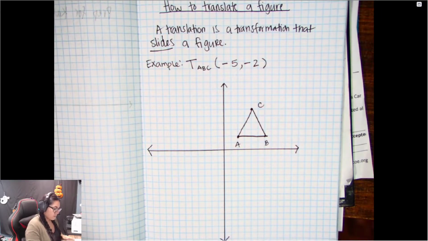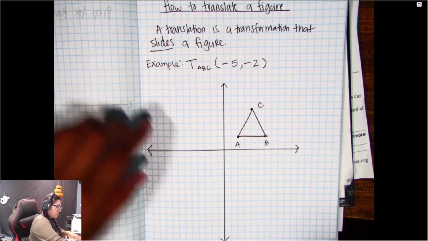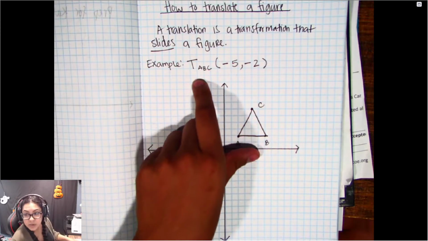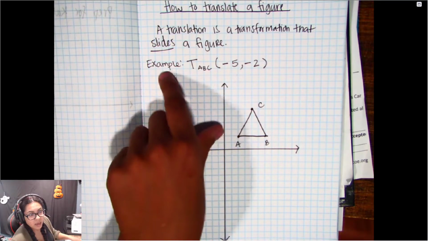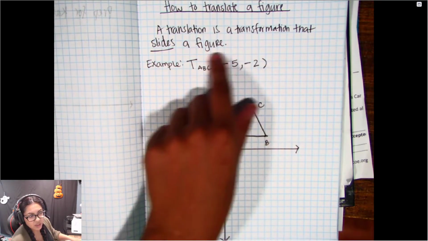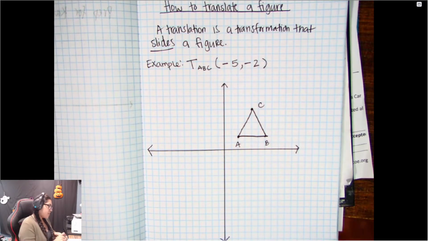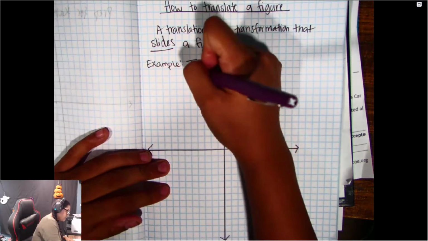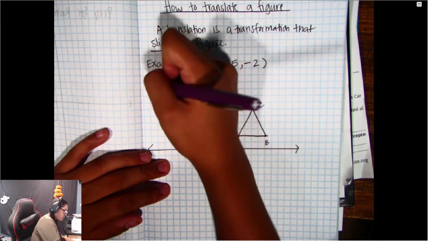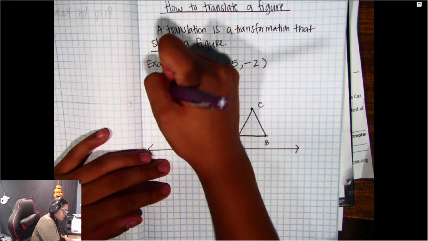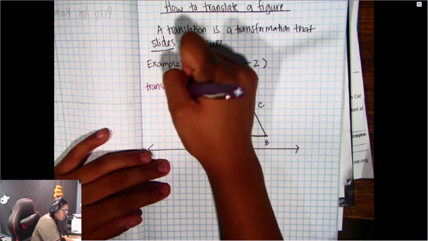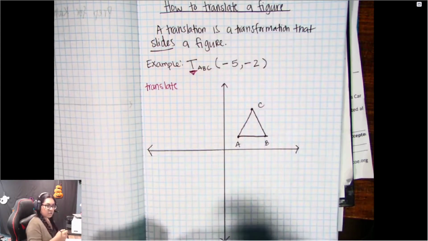This is the directions I'm asking you to do, okay? And each part of this direction is an action. For example, whenever you see the T, I'm asking you to translate. That's what that T means, translate.